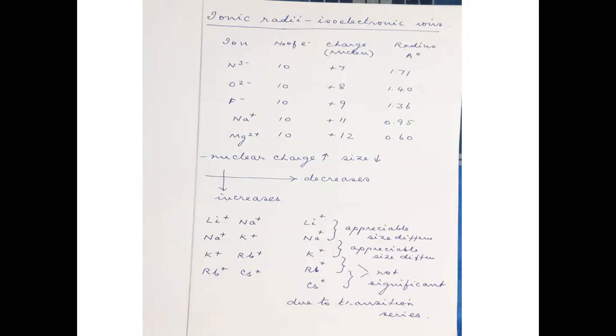Therefore, the increase happened when you move down and the decrease happened in the transition metals. They compensate each other, and hence the size difference found between potassium and rubidium or rubidium and cesium are not very significant. So this particular point you should understand. They are not very significant.